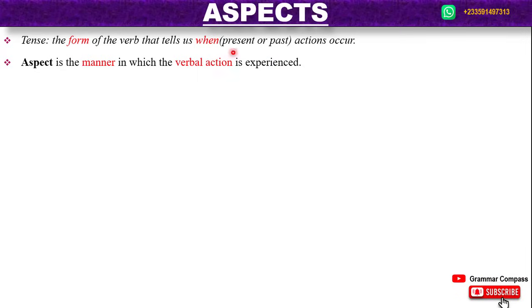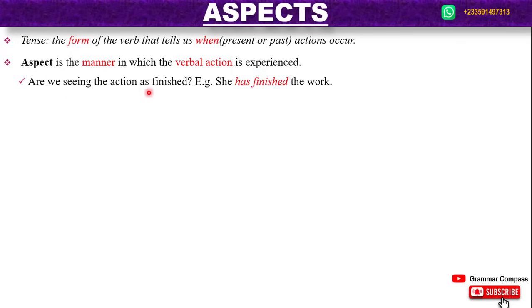Remember, when we are talking about tenses and aspects, our main focus is on verbs. The various forms or manner in which the verbal action is expressed is what we call the aspect. We are not talking about adverbs here, so don't think about adverbs of manner. We are talking about the manner in which verbs are expressed.